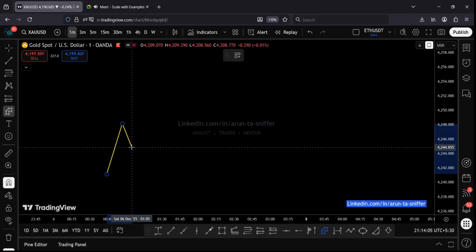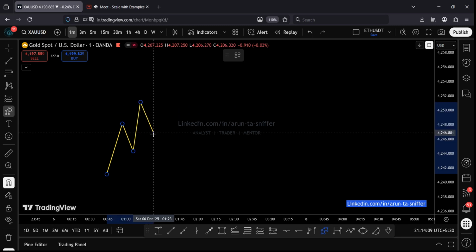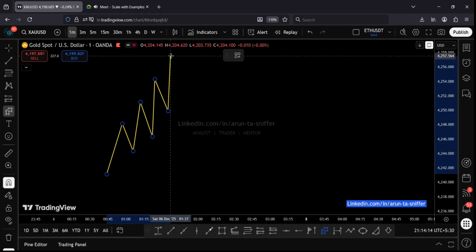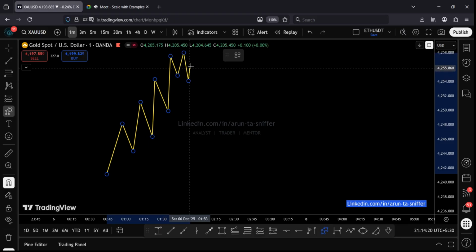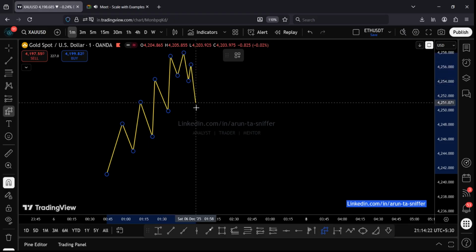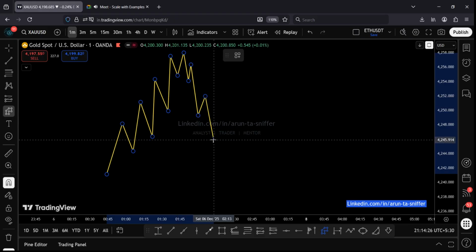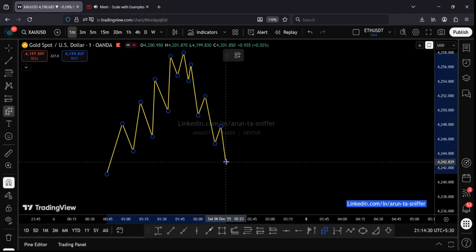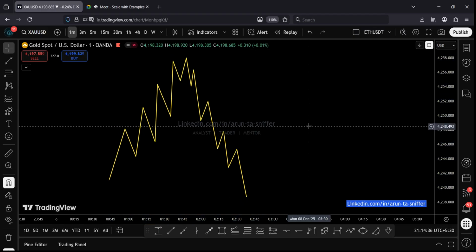And think like this. What happens many times is price moves like this. Makes high, low, then higher high, then low, then higher high, then low, then goes up, makes high, then goes up, comes down, then comes down, then it comes down, goes up, then it comes down, goes up, and comes down.